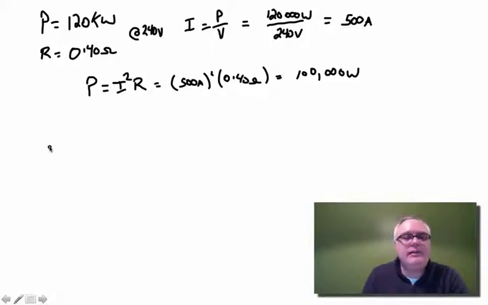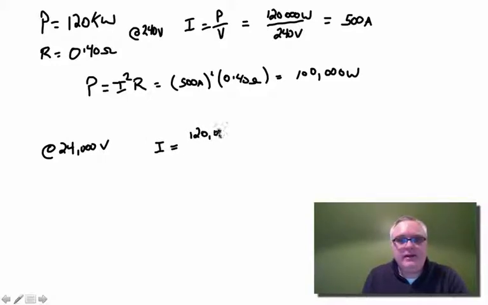However, if we transmit at a higher voltage, let's say 24,000 volts, now what we see is that we transmit at a much lower current, because we're going to divide that electrical power by a higher voltage, giving us only 5 amps of current.